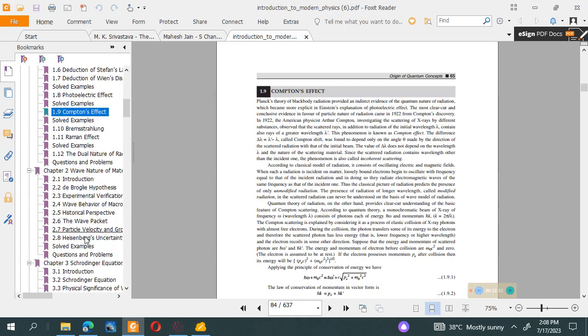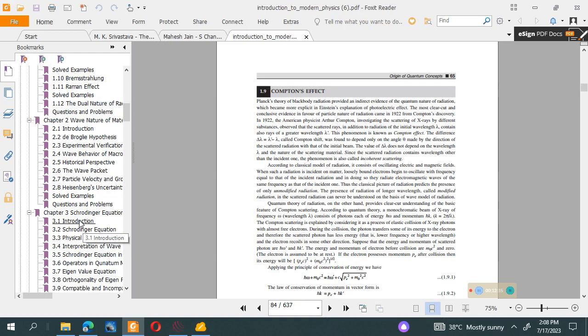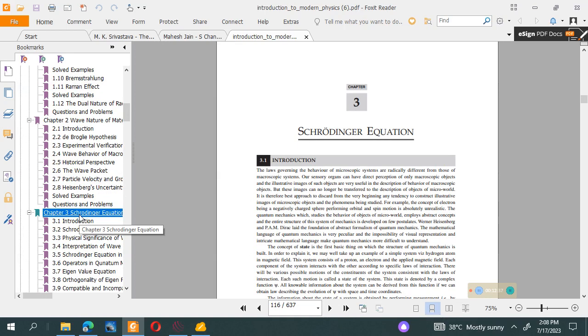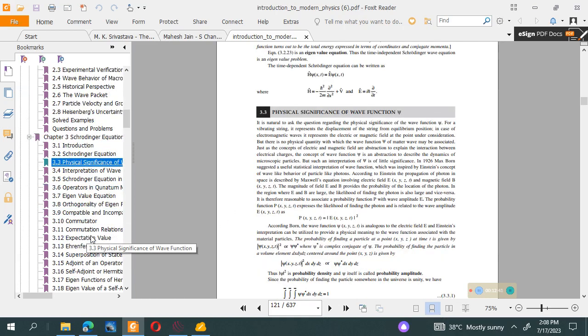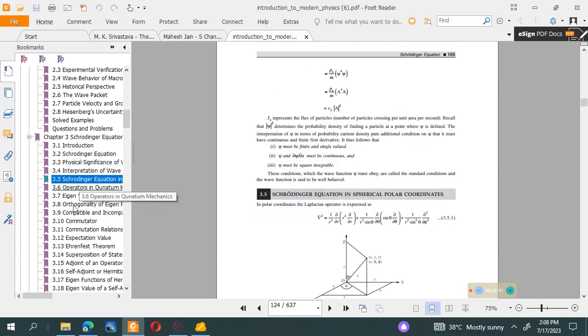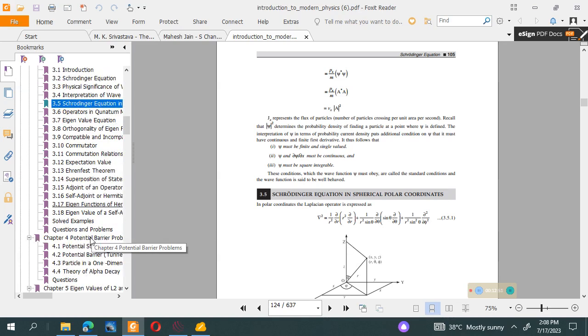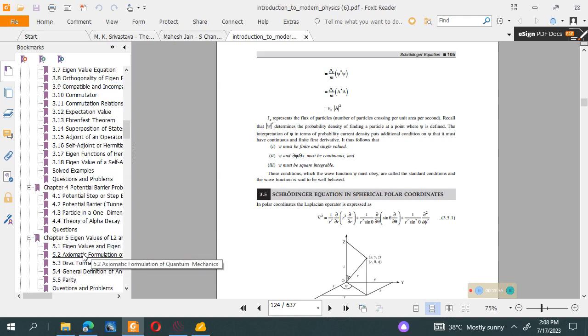This is the modern physics, but for quantum mechanics, this one, chapter number 3. Chapter number 3: Schrodinger equation, physical significance, Schrodinger equation in 3 dimensions, eigenvalue equation, compatible and incompatible observables, commutator, Ehrenfest theorem, and various topics which are discussed, very real potential, step problems, and also you can go for other books as well.